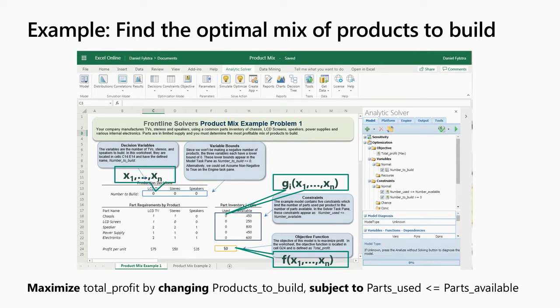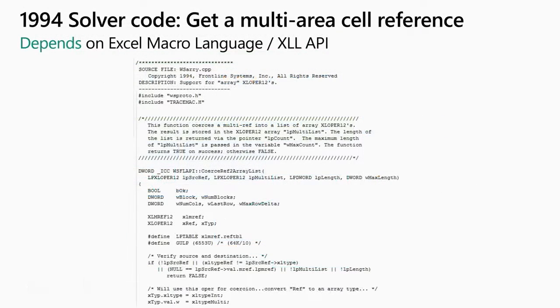X1 to x3 are the decisions we need to make, how many TVs and how many stereos, how many speakers to make. And then we have formula cells that are constraints, where we simply compute how many parts get used when we make certain products. And then we have something we want to maximize, which is profits. So I just want to make sure you have in your mind what an optimization model is all about.